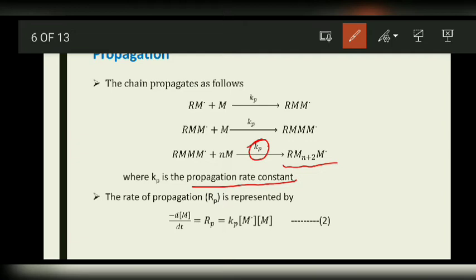M dot means the concentration of growing chain, right? Instead of writing the long chain, we are writing it as M dot, that's all, times the concentration of monomer. Call this equation number 2.